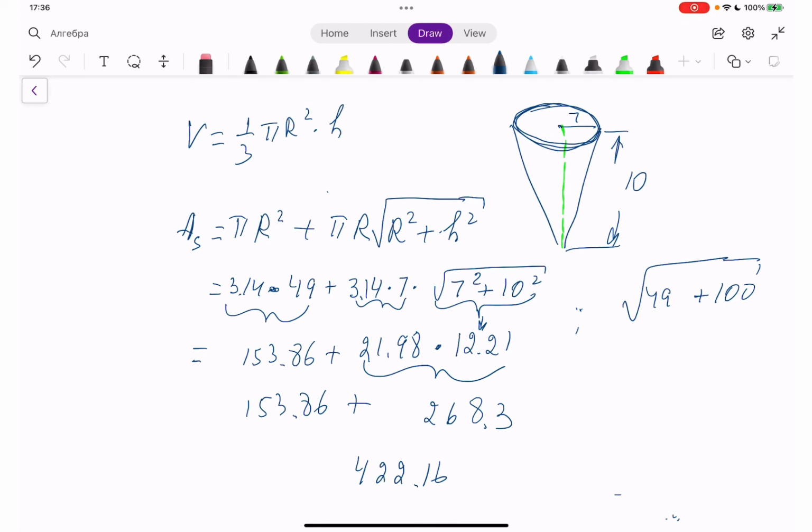I don't understand what else it could be the problem. And it's going to be centimeter squared. Wait a minute.